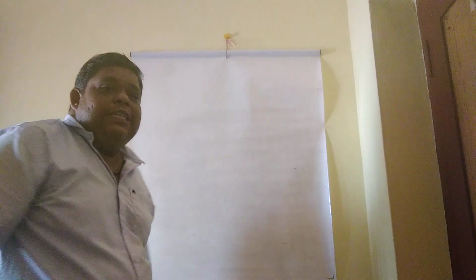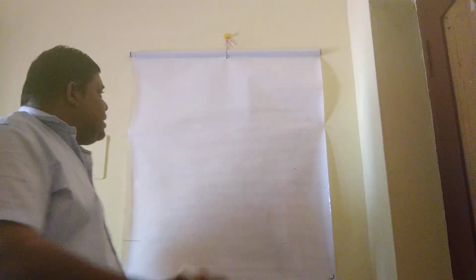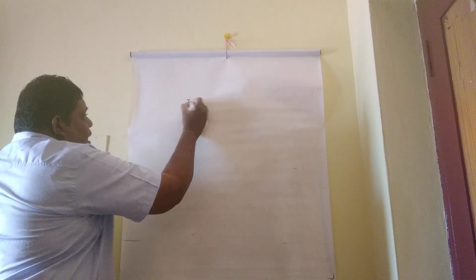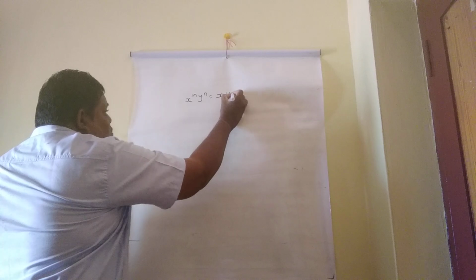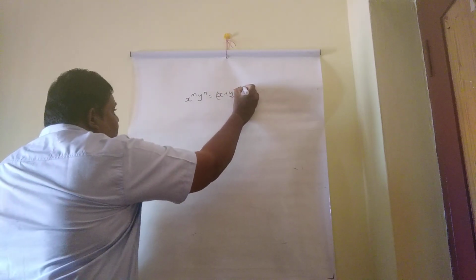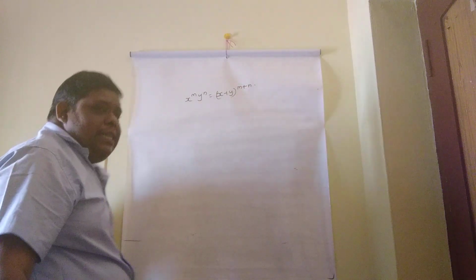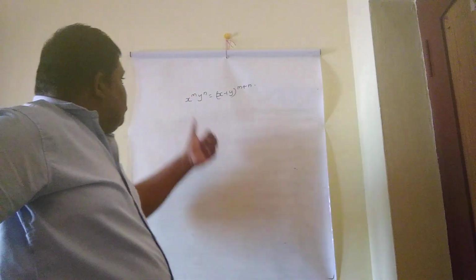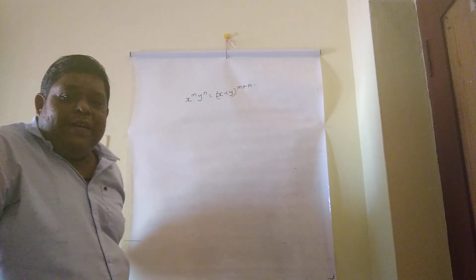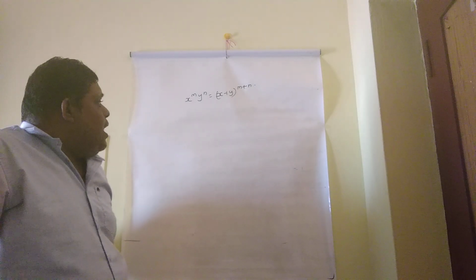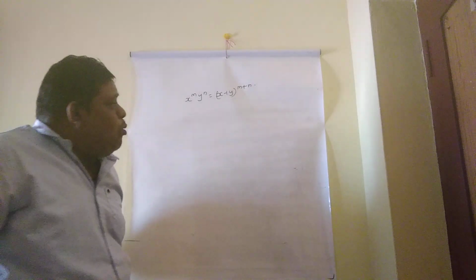A previous year foundation question: x to the power m into y to the power n equal to x plus y whole to the power m plus n. Now take log on both sides.